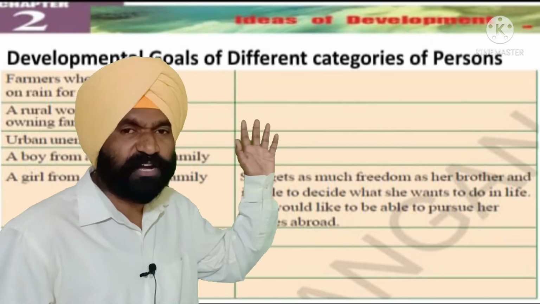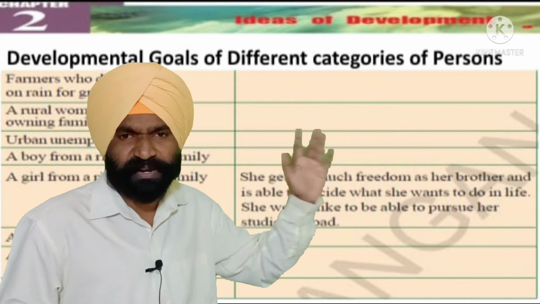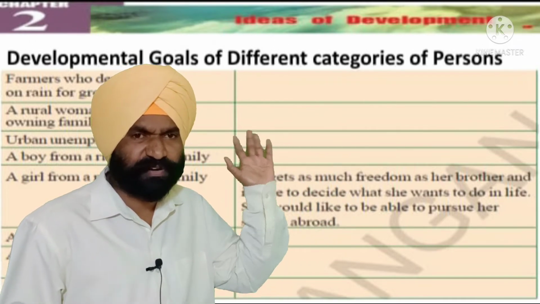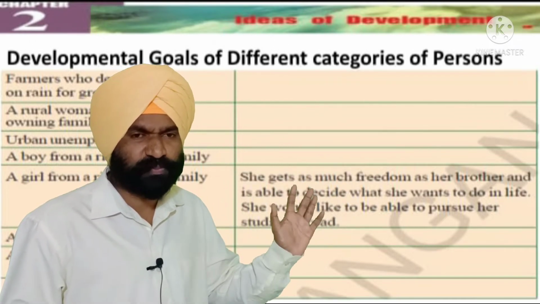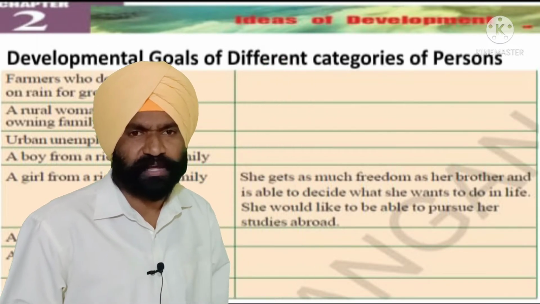So the idea of development for a girl living in an urban family is quite different from that of a prosperous farmer and a landless laborer in the rural area.